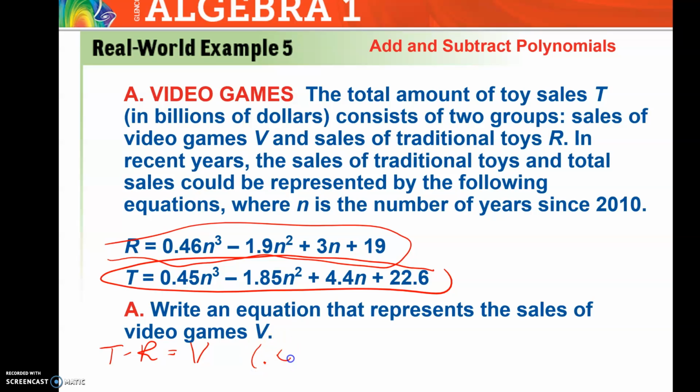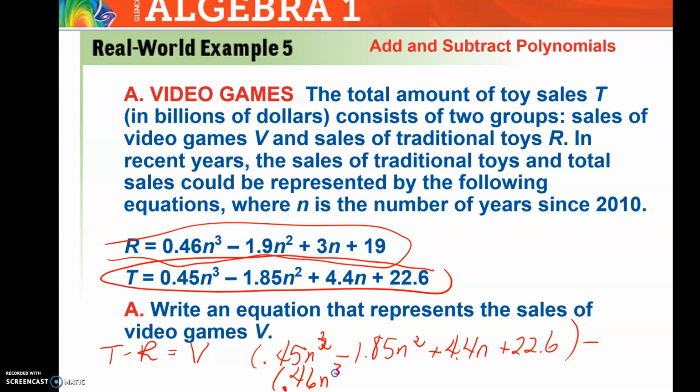I'm going to have 0.45 n cubed minus 1.85 n squared plus 4.4 n plus 22.6, and I'm going to subtract from that 0.46 n cubed minus 1.9 n squared plus 3n plus 19. So we're going to use that subtraction.